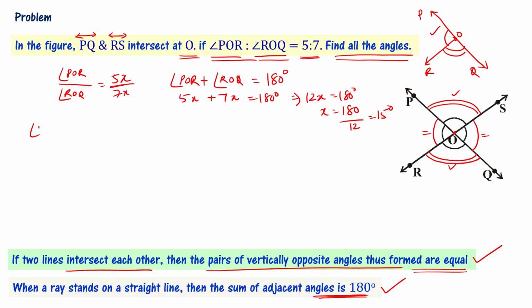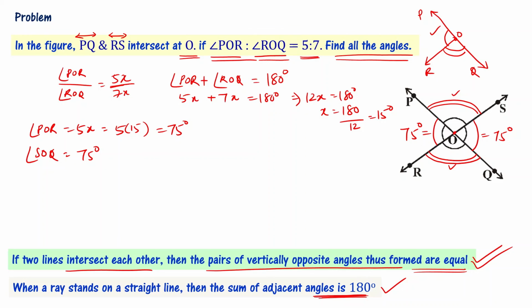Angle POR is equal to 5x equals 5 into 15. This is going to be 75 degrees. Angle POR is 75 degrees. So that is equal to angle SOQ, because they are vertically opposite angles. So angle SOQ is also equal to 75 degrees.